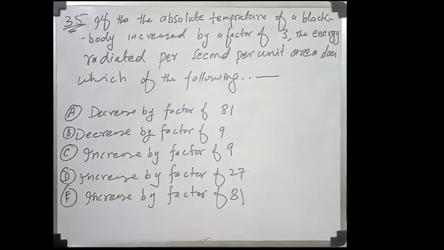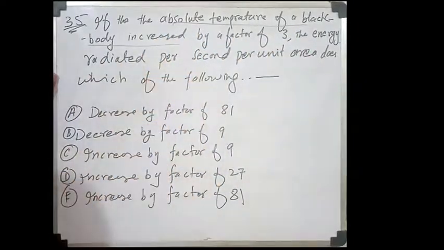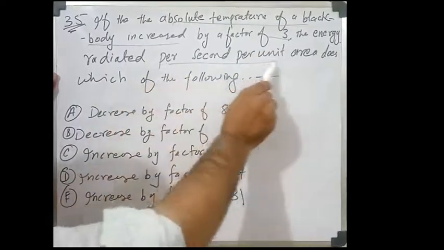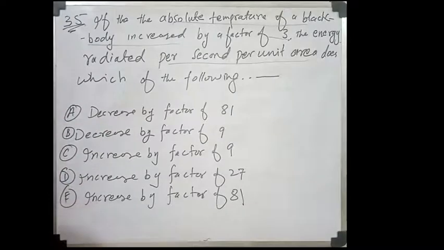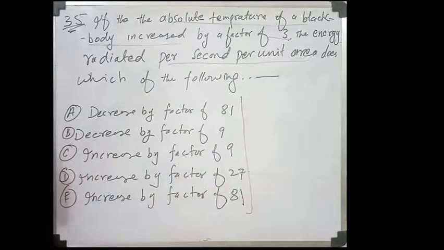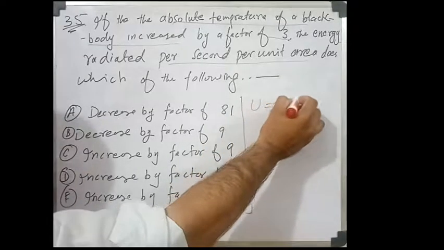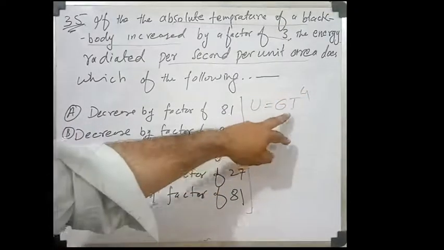Next problem is 35. If the absolute temperature of a black body radiation is increased by a factor of 3, the energy radiated per second per unit area does which of the following? This is a black body radiation. The energy density of the black body is given by the Stefan-Boltzmann law: U is equal to sigma T power 4, where T is the absolute temperature of the black body.